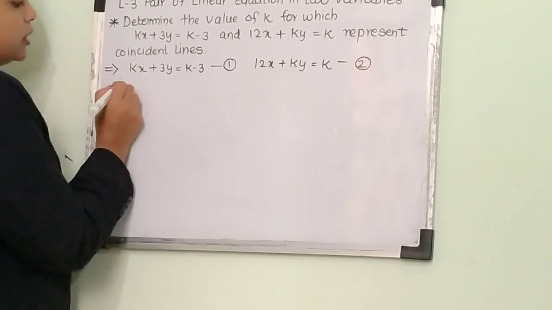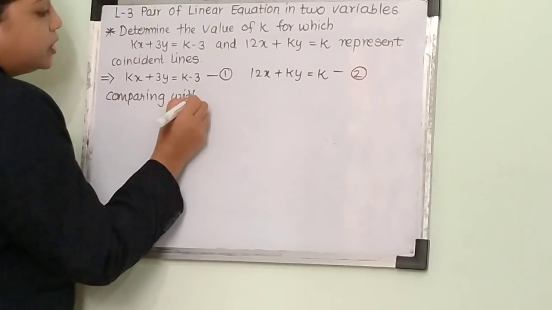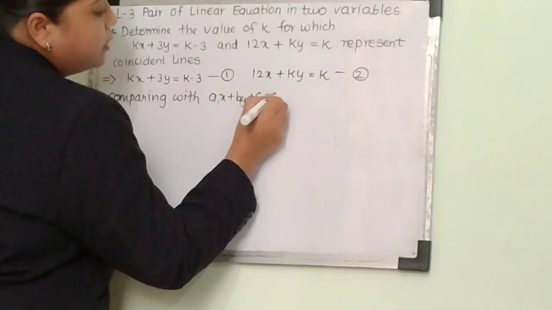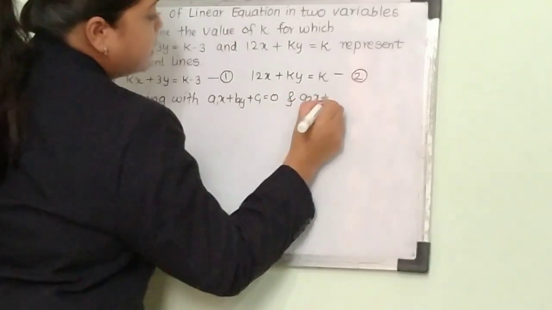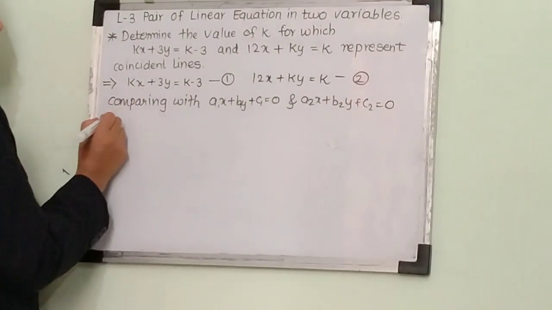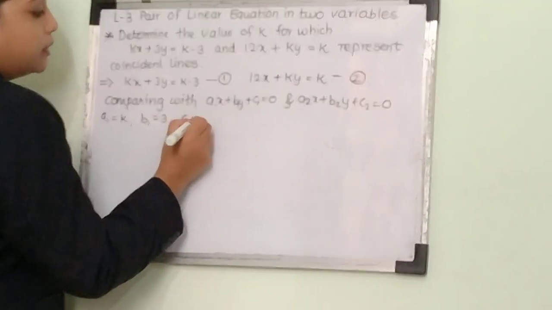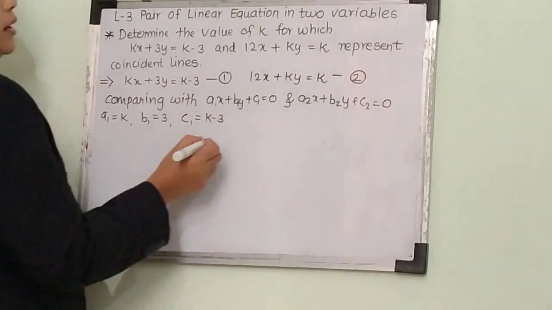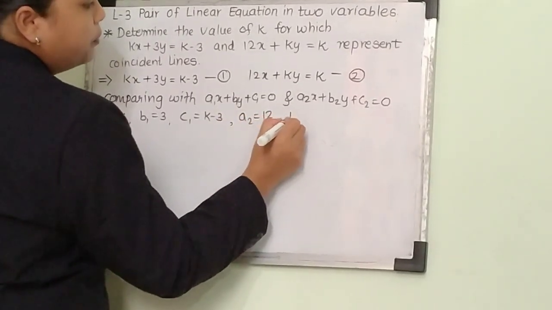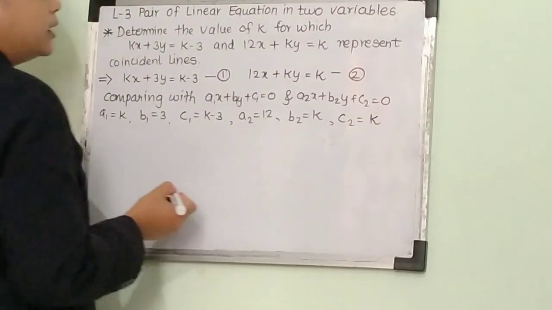So comparing with a1x plus b1y plus c1 equals to 0 and a2x plus b2y plus c2 equals to 0, we get that a1 equals to k, b1 equals to 3, c1 equals to k minus 3, then a2 is equal to 12, b2 equals to k, and c2 equals to again k.